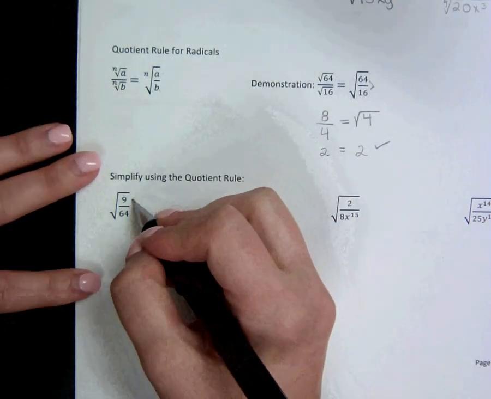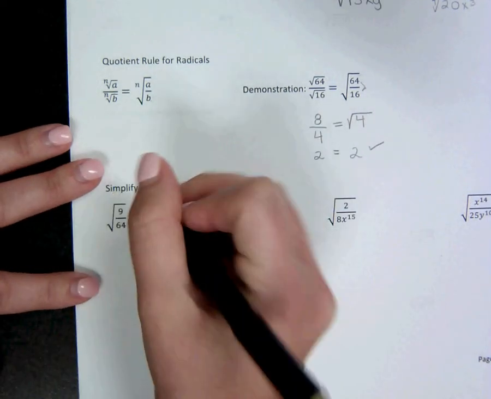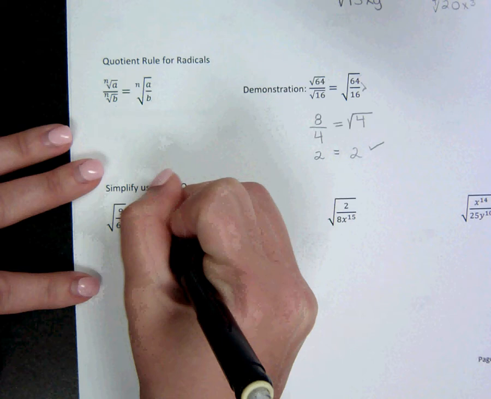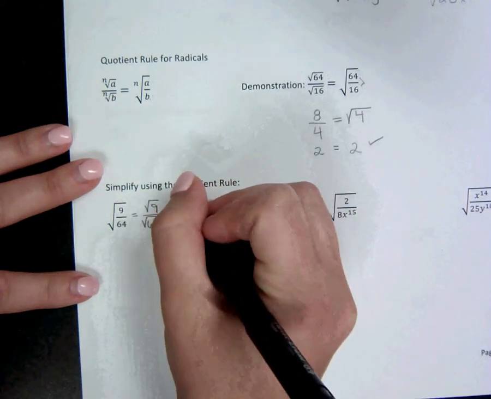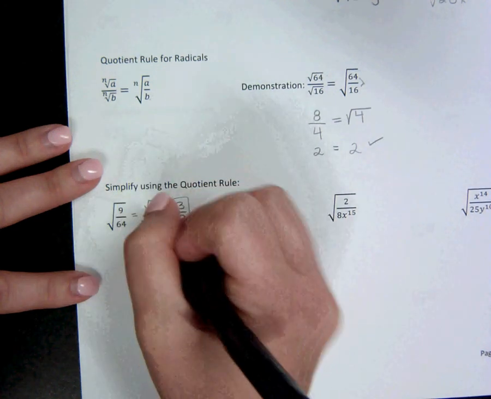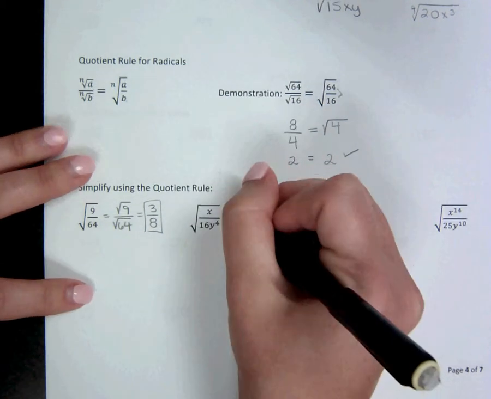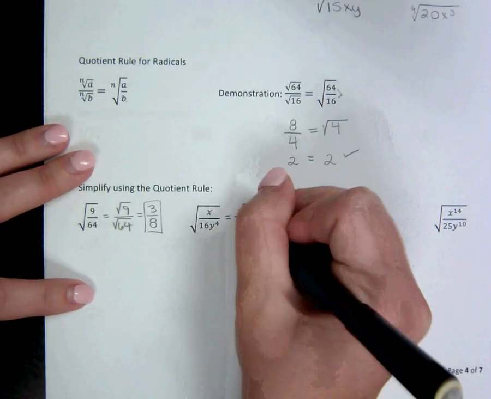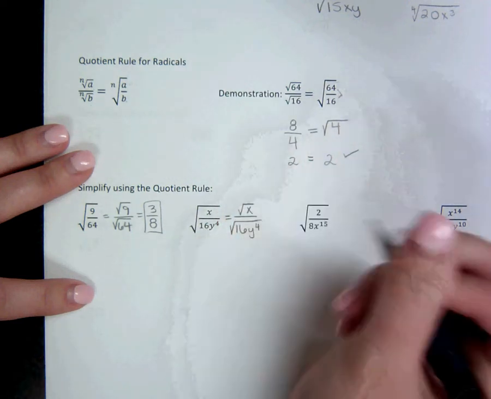So we've seen this one before. If I have the square root of 9 over the square root of 64, I can separate that into the square root of 9 divided by the square root of 64 and get 3 over 8. So separating it into two pieces helps me solve it. Same thing here. I can separate this into the square root of x over the square root of 16y to the fourth.